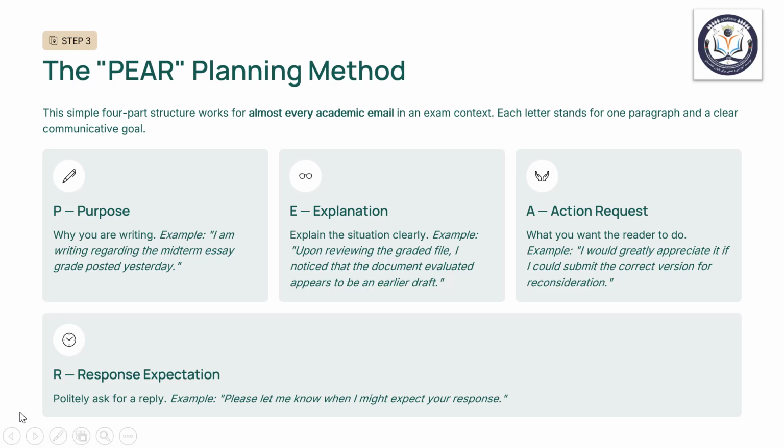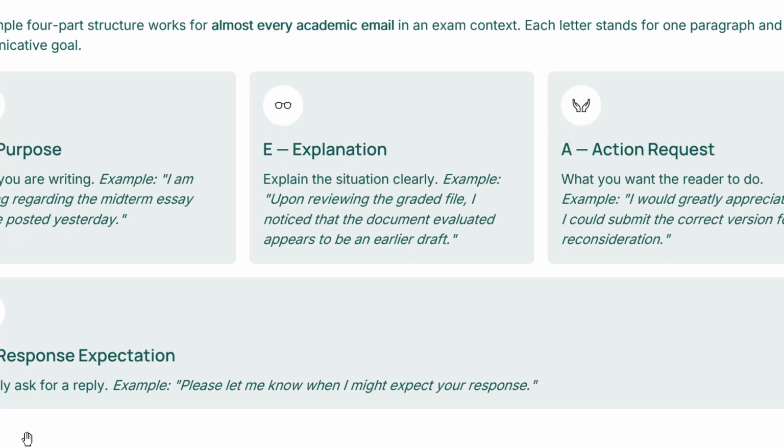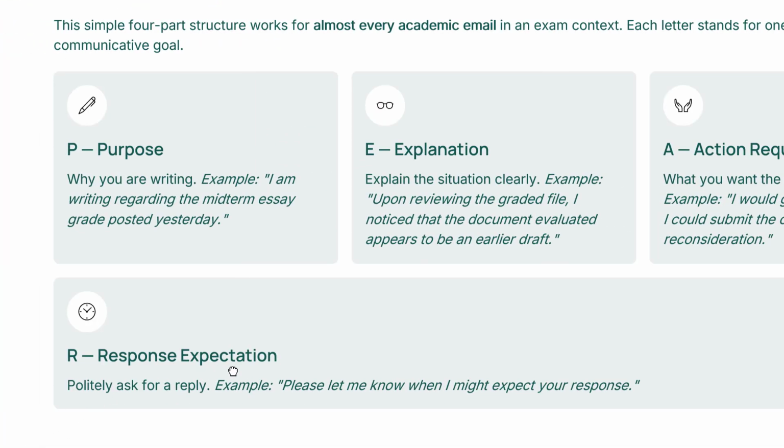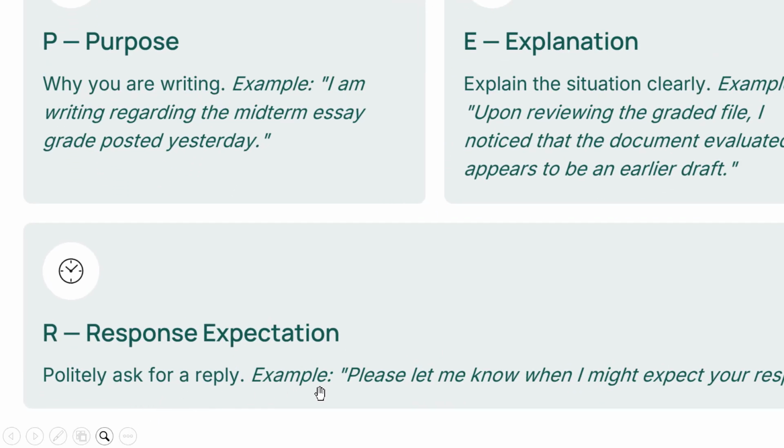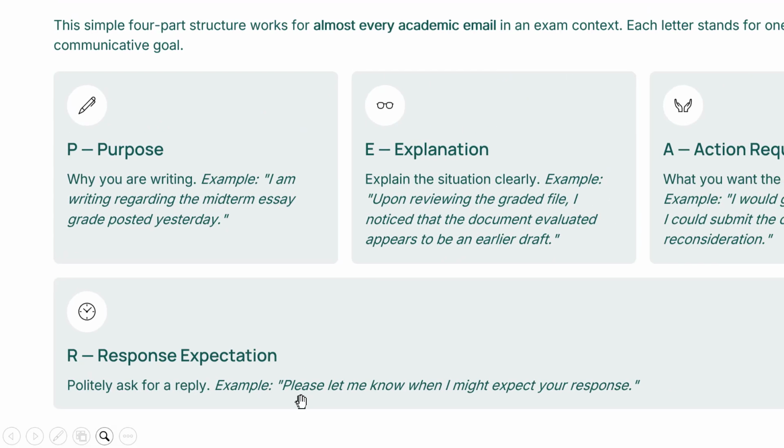When writing an email, at the end, try to politely ask for a reply. For example, please let me know when I might expect your response. So this is the response expectation.